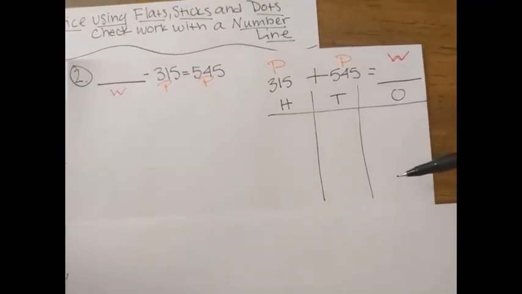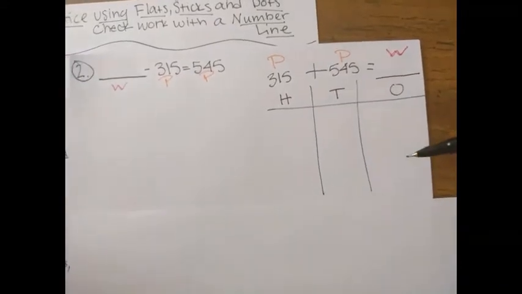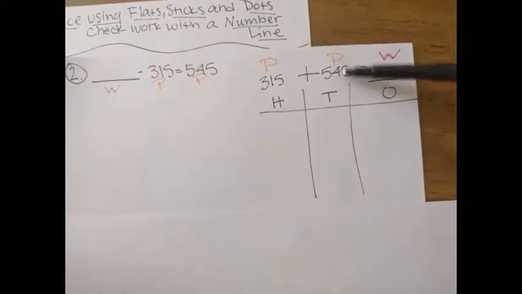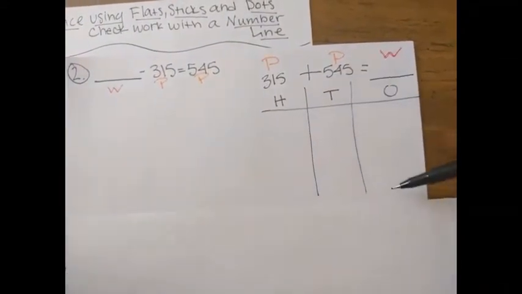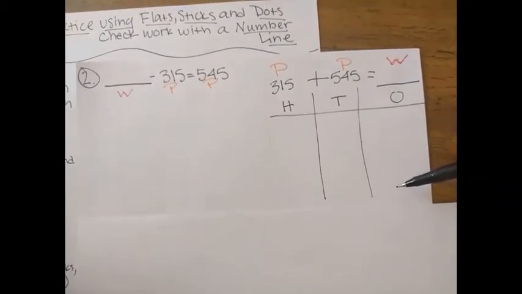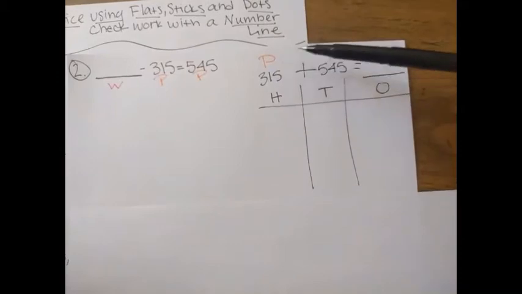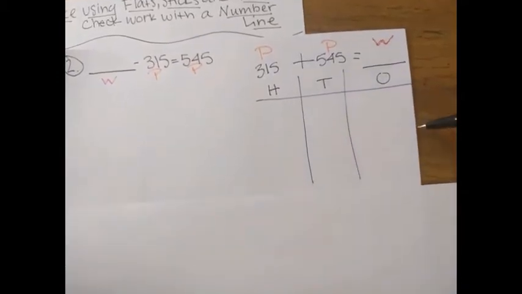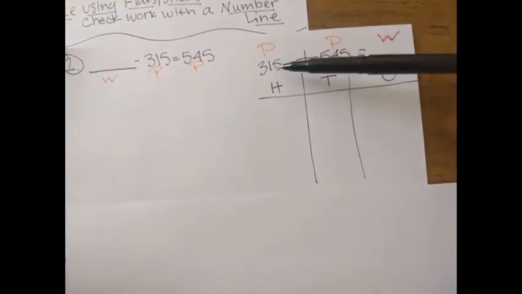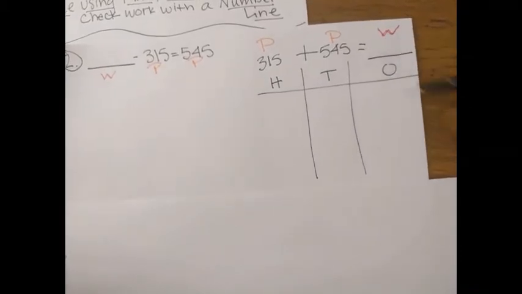So what can we do? Well, we can start with adding one of the parts to our chart, because when we are using addition in our flat sticks and dots chart, we have to put both of the parts in there to find our whole number.